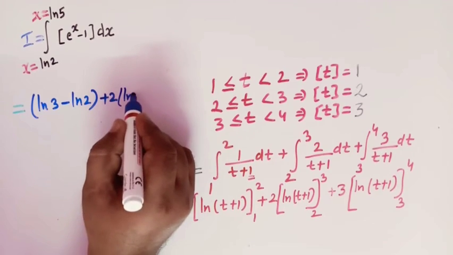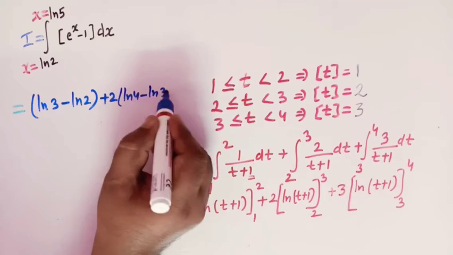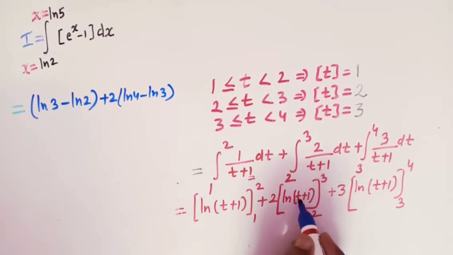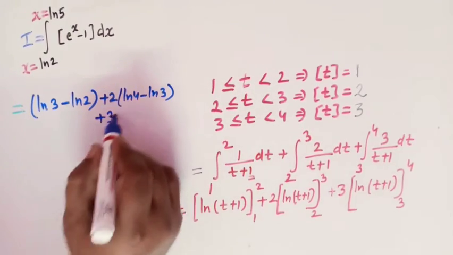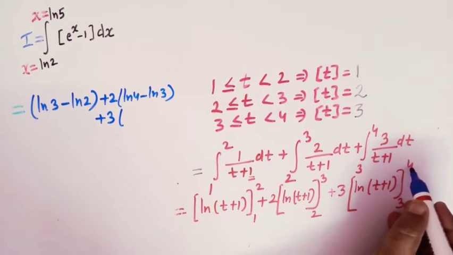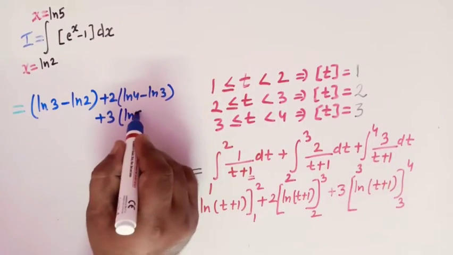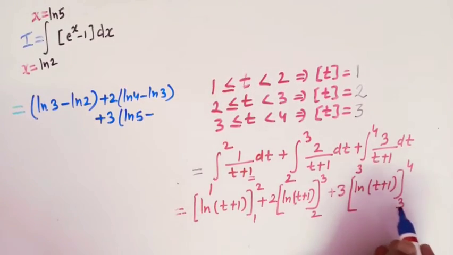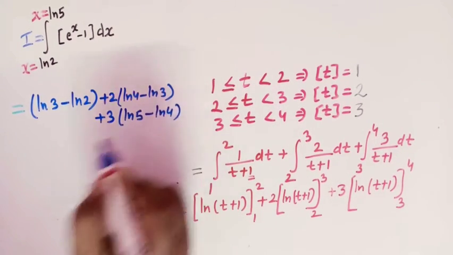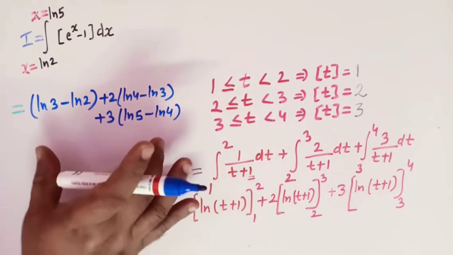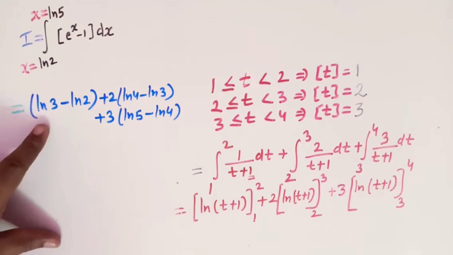So here we have log of 4 minus log of 3, because t is 2 here, so 2 plus 1 is 3. Then we have here plus 3, and the value of t is 4. So here we have 4 plus 1, 5, minus, and t is equal to 3, so 3 plus 1, 4, right? So substituting the limits, we have got this expression. Now we can easily simplify this expression.